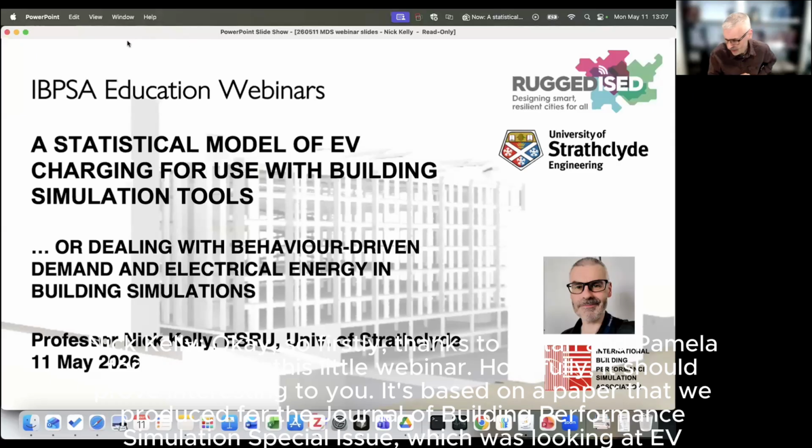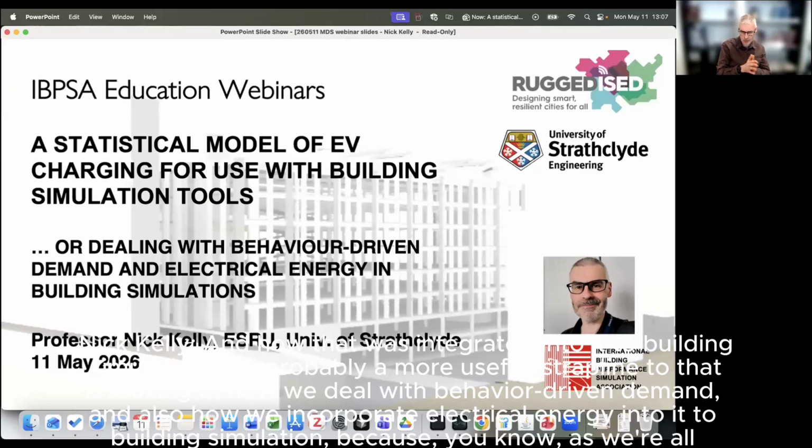It's based on a paper that we produced for the Journal of Building Performance Simulation special issue, which was looking at EV charging and how that was integrated into building simulation. But probably a more useful strapline is looking at how we deal with behaviour-driven demand and also how we incorporate electrical energy into building simulation.